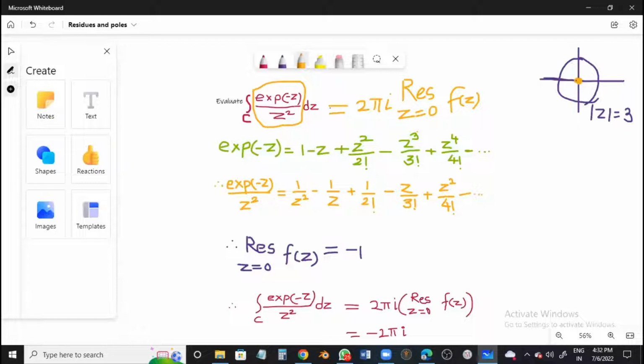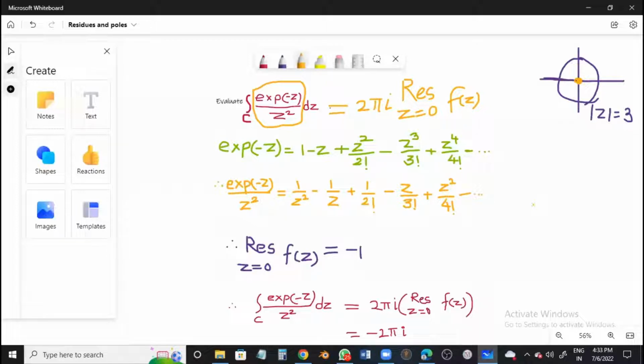Then here it is z cube, so z square gets cancelled and I am just left with minus z upon 3 factorial, plus z square upon 4 factorial minus and so on. Followed? Okay. All right, so term wise we have just divided by z square.